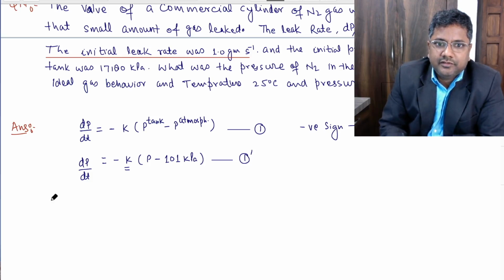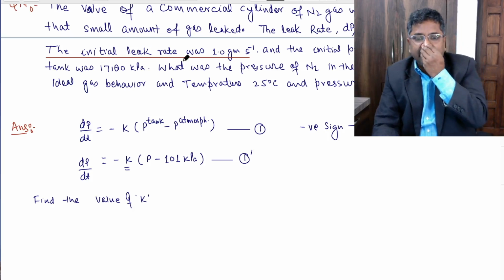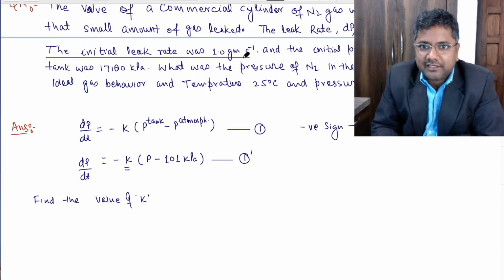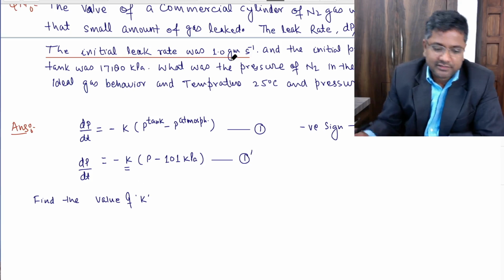So the next task is to find the value of K, this constant. The initial rate that is given here is useful to evaluate K, because once you calculate K from the initial rate, this K is constant over time.